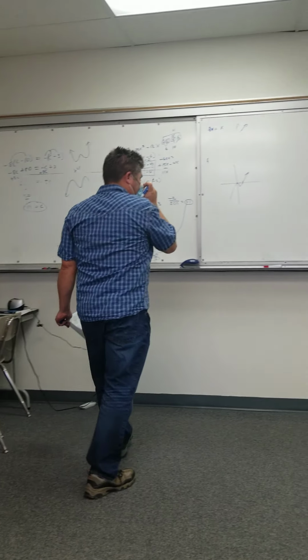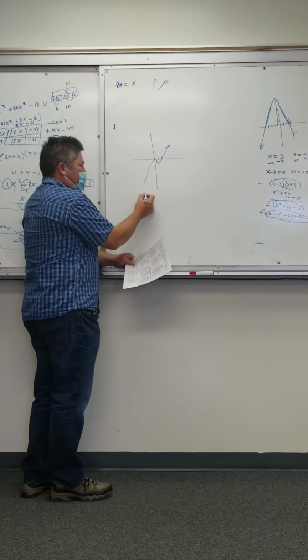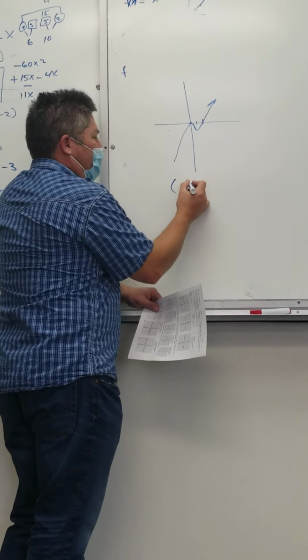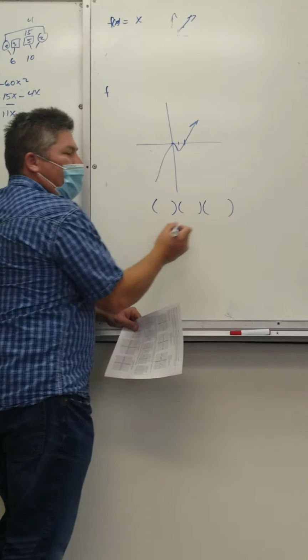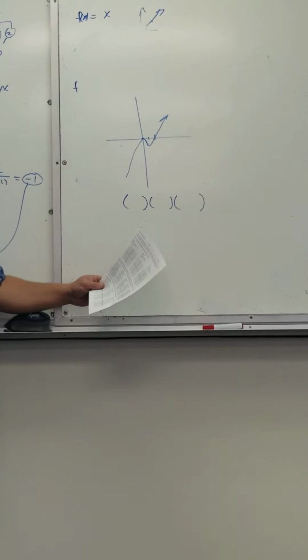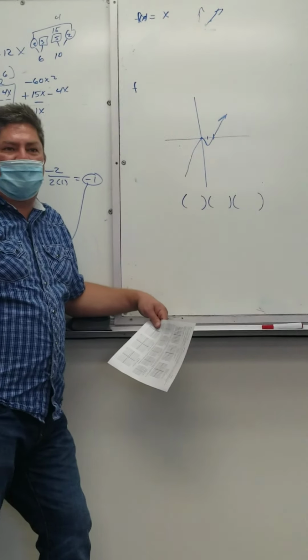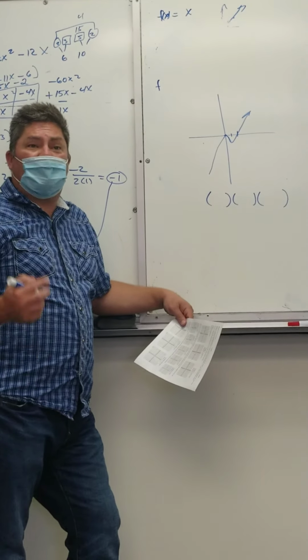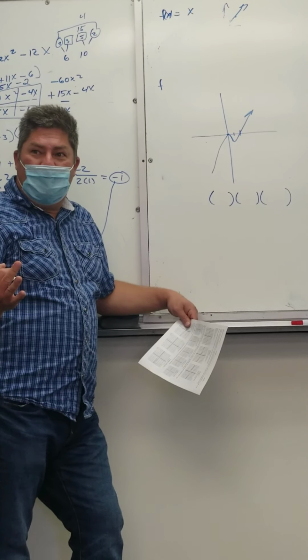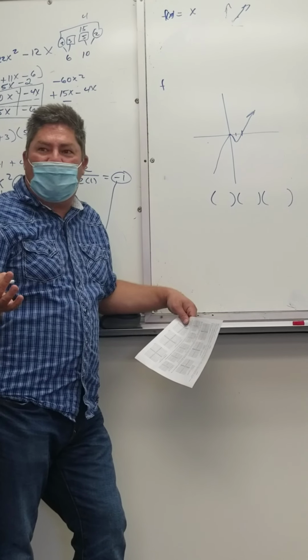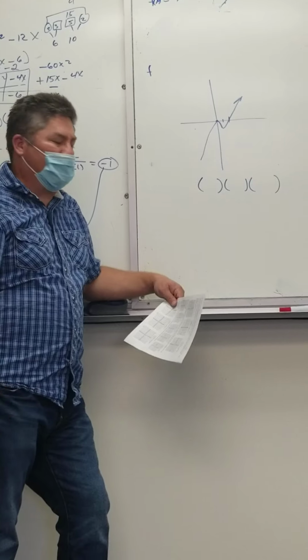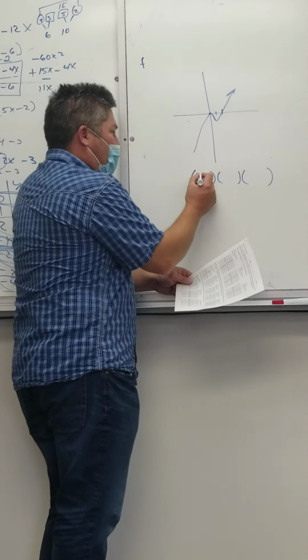Okay? All right. What are my factors? This one's kind of tricky. Not really, but kind of. How many factors are there? There's actually 3 factors. How come? How many zeros were there? 2. There's actually 3, because one has multiplicity, so I got to list it twice. So in other words, I should have x, x.